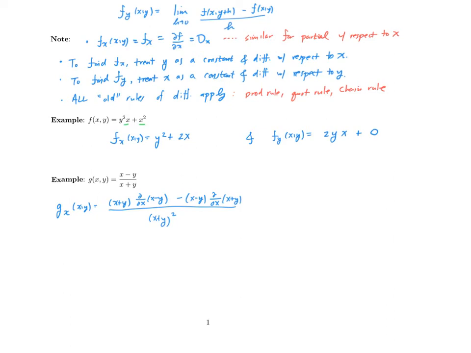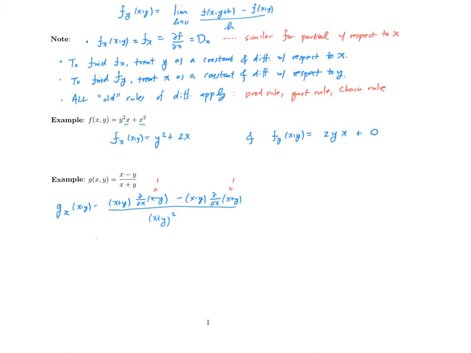Note the partial derivative with respect to x of that first term in the numerator is 1. The partial derivative with respect to x of the second term in the numerator is also 1, because in either case we treat the minus y or the plus y as a constant, and the derivative of a constant is 0.